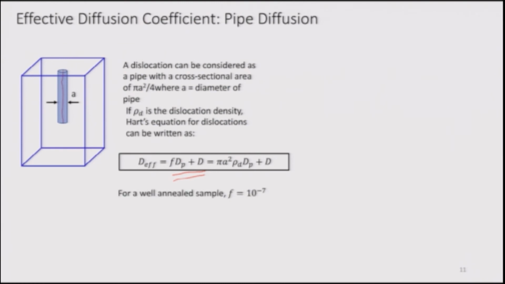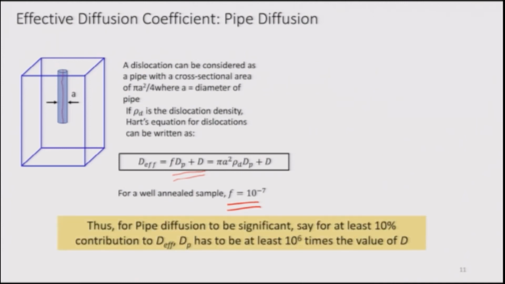For well annealed sample, f is approximately 10 to power minus 7, and now we can see for the pipe diffusion to be significant, that is for the pipe diffusion term to give at least 10% contribution to the effective diffusion term, dP has to be at least 10 to power 6 times the value of D, that is diffusivity.